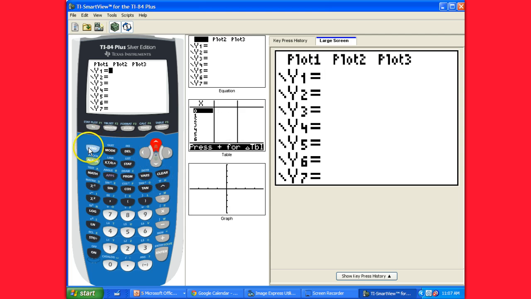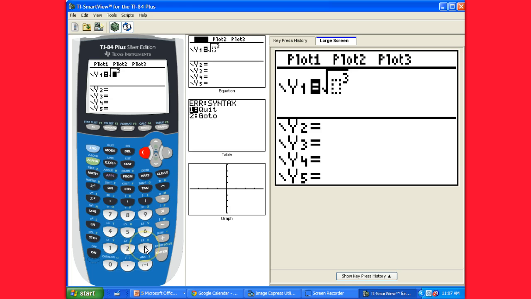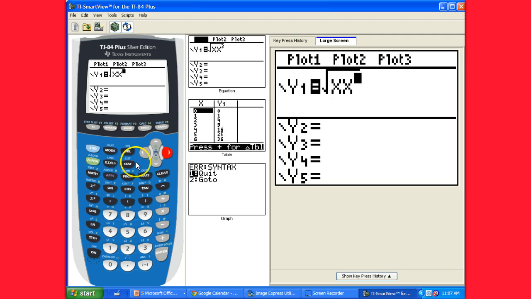So we'll go to y equals and we'll put in that equation, which was the square root of x cubed plus x squared plus x plus 1.